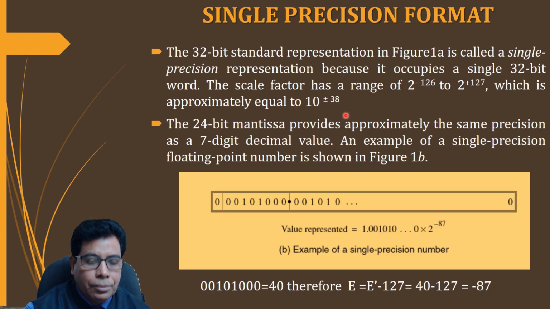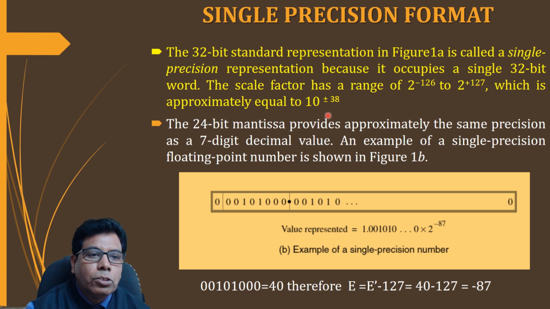Then let us see the single precision further. The 32-bit standard representation is called a single precision representation because it occupies a single 32-bit word. So the total size of that is 32 bits. That's why it is called single precision. So here the scale factor will be 2 raised to minus 126 to 2 raised to plus 127, as the value of this is ranging from minus 126 to plus 127.